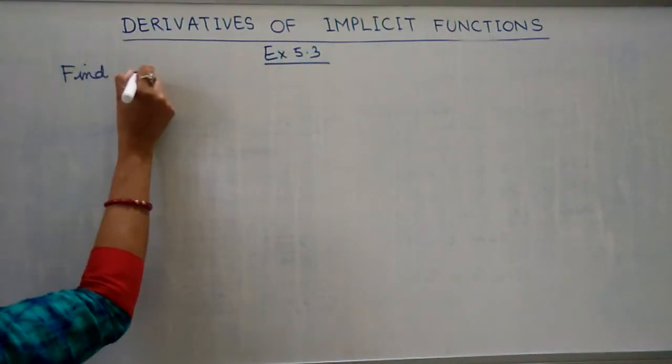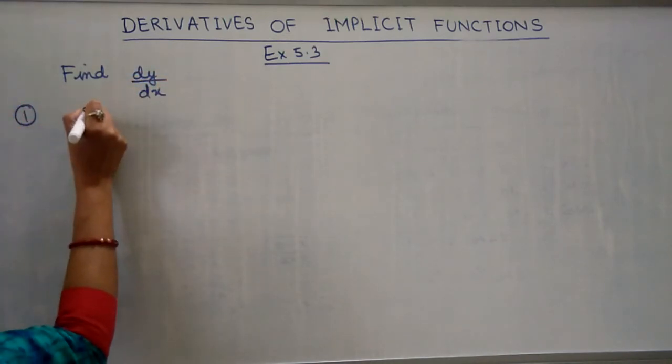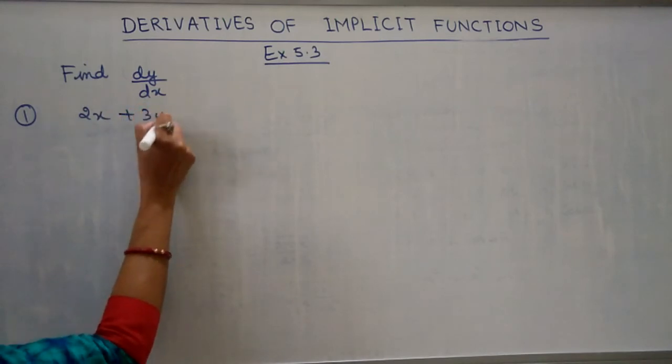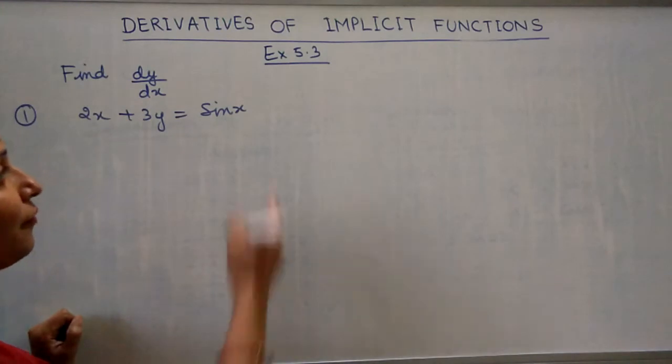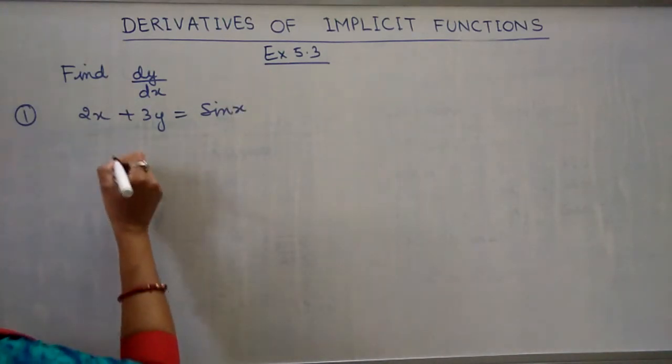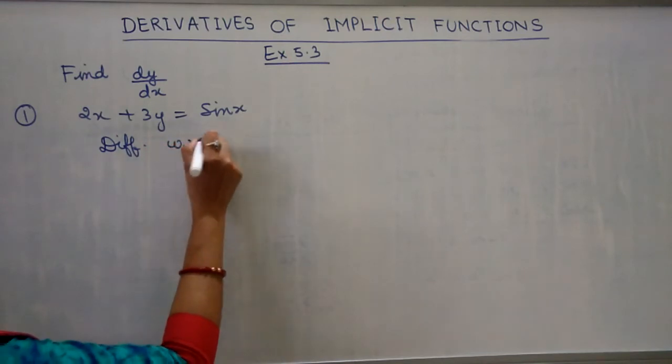Very simple exercise. The question says to find dy upon dx. Our first question is 2x plus 3y is equal to sin x. This is the first question of your exercise 5.3. How to solve? Differentiate with respect to x.